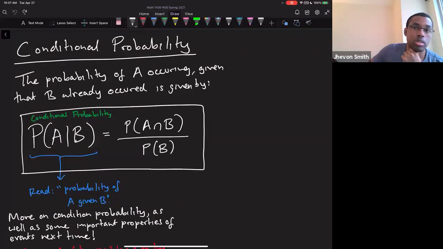Just like in the two girls problem, when I told you the older one was a girl, it excluded the possibility of the firstborn being a boy, so the cases boy-boy and boy-girl were now eliminated. And so now you only had girl-girl and girl-boy, in which case it's 1 out of 2 that you have 2 girls.